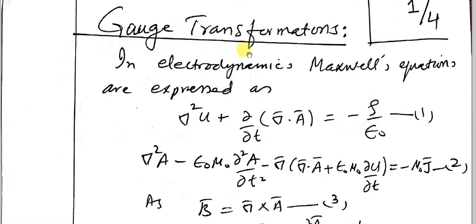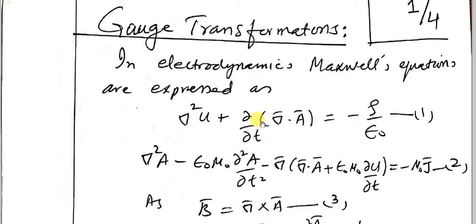We are looking for a process in which we express the fields such that the potentials U and A are gauged in a manner that changes take place in U and A, but those changes do not affect the main fields. How these transformations take place in those potentials is to be discussed in this topic.